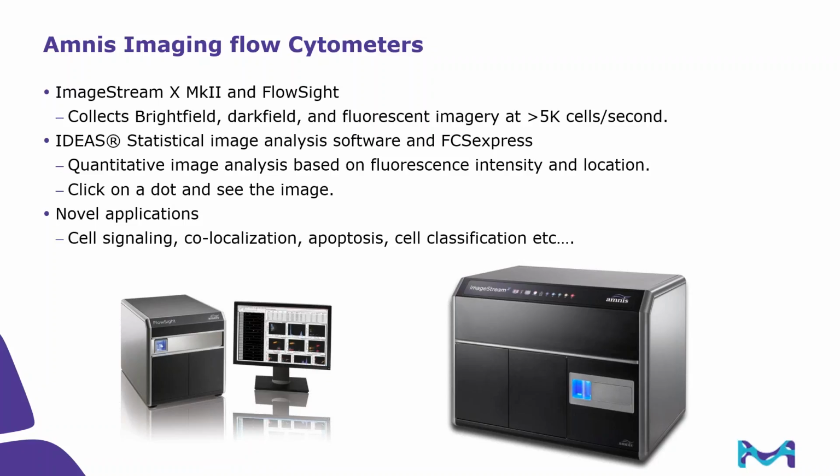This image database is then taken into IDEAS, which is a statistical image analysis software package, and we use the software to quantify fluorescence intensity as well as the morphology and spatial location of that fluorescence of each of the 10,000 or 100,000 images in the data set.